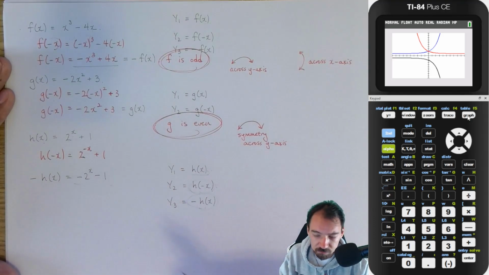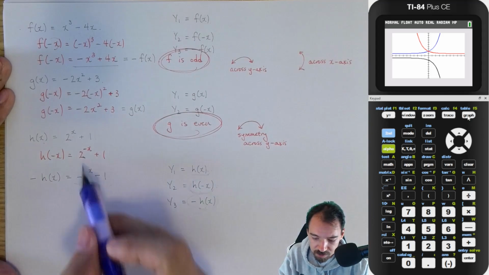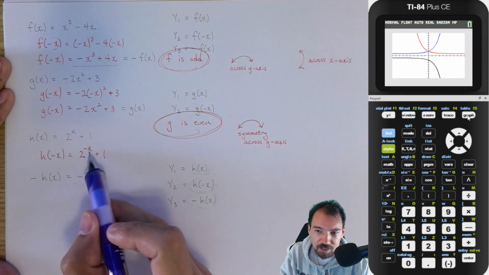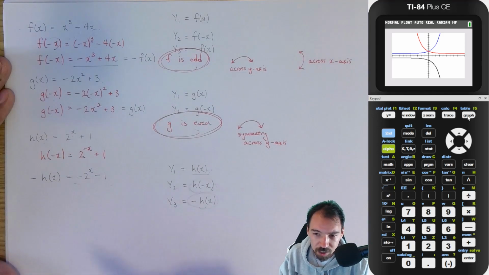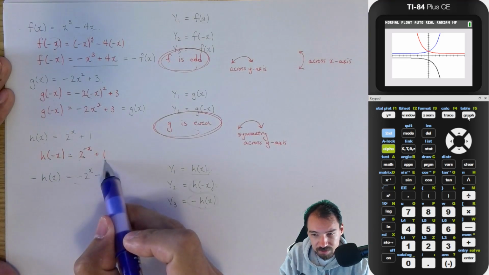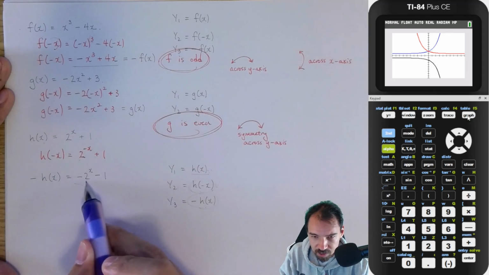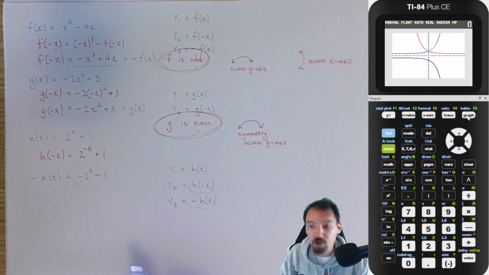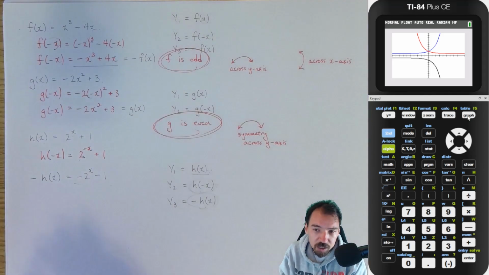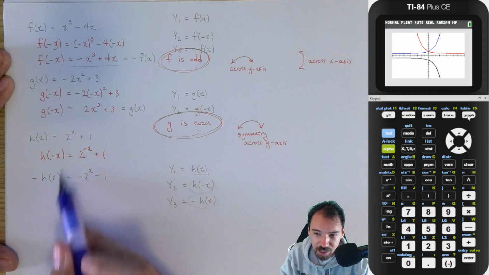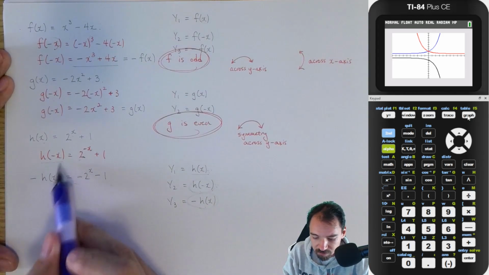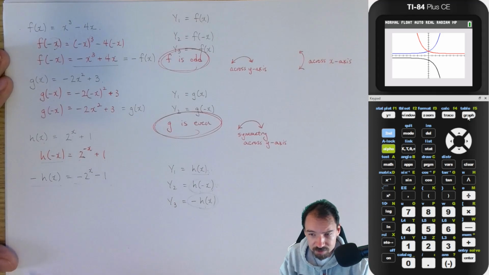And you can easily convince yourself by plugging in some numbers, right? Let's say, plug in x equals 3. 2 to the negative 3 ends up being 1/8. 1/8 plus 1 is 9/8. Then if I say, okay, 2 to the 3 is 8. Negative 8 minus 1 is negative 9. Oh, those are clearly not the same, okay? So if any value of x yields not the same, then you would say this function and this function are not the same.